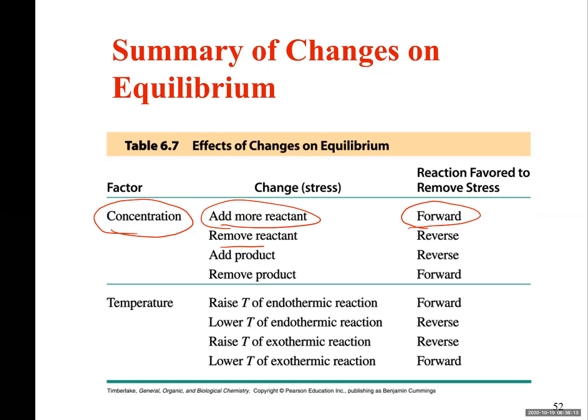If we remove reactant, the reaction is going to make reactant by going in reverse. If you add product, the reaction would like to consume product, so it must be reversed towards reactant. And if you remove product, the opposite of removing product is making more product, so the reaction goes forward to make more product.